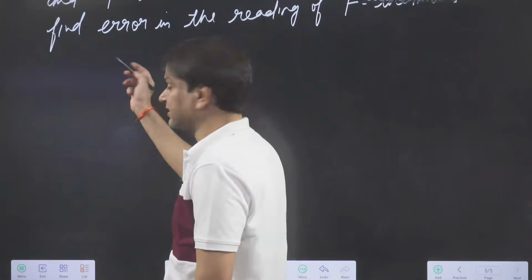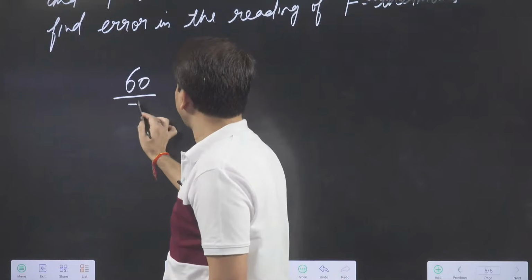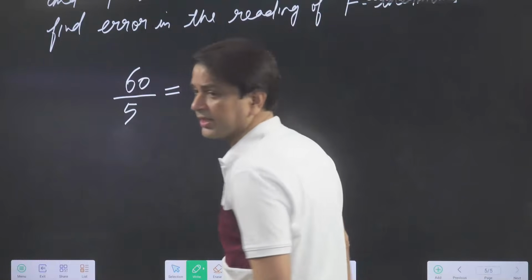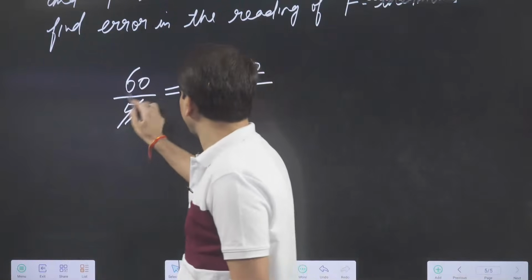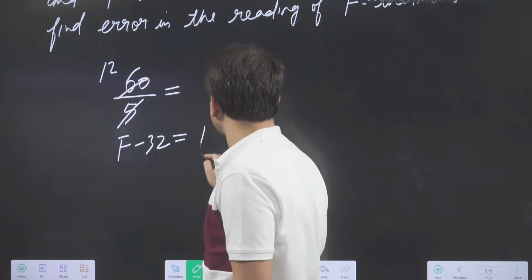So first convert 60 degrees C into Fahrenheit. How? C by 5 is equal to F minus 32 by 9. So 60 by 5 is 12, and F minus 32 by 9 gives 12 nines are 108.